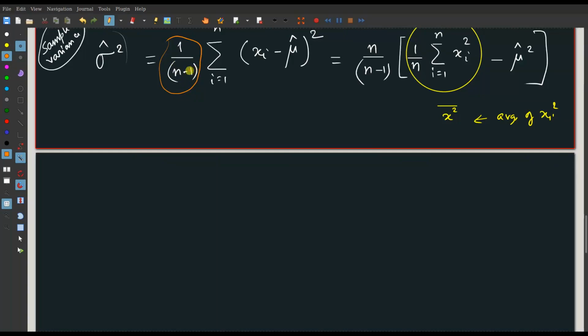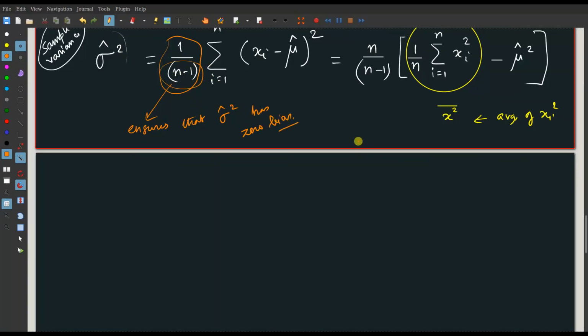You could have put 1 by n minus 2. But I have put here 1 by n minus 1 so that this estimator for the variance has zero bias. So this n over n minus 1 factor will ensure that sigma hat square has zero bias.